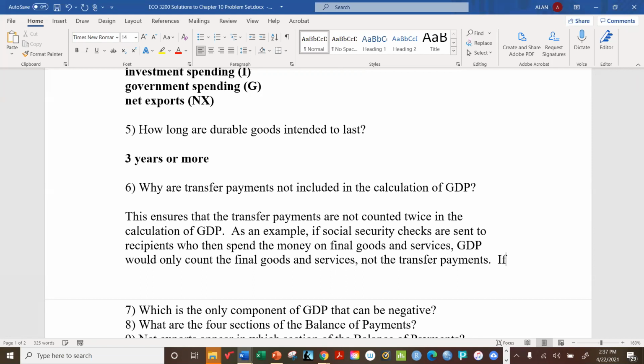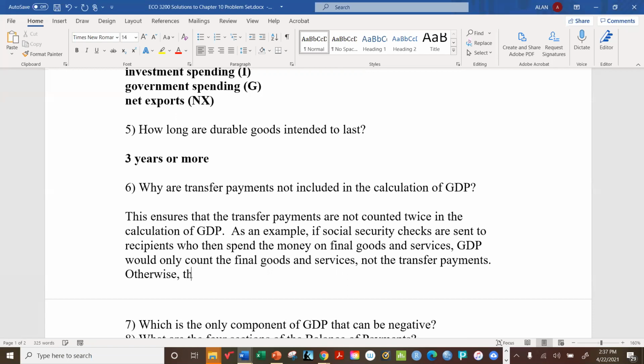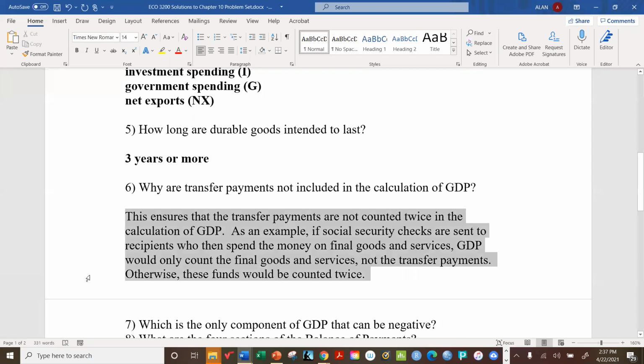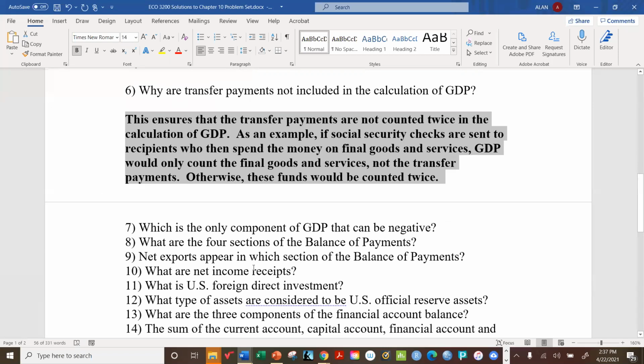If they did, otherwise, these funds would be counted twice. Okay, so in other words, it's just a way of making sure that we do not accidentally include both the money that was sent out to these people, but also what they spent it on.